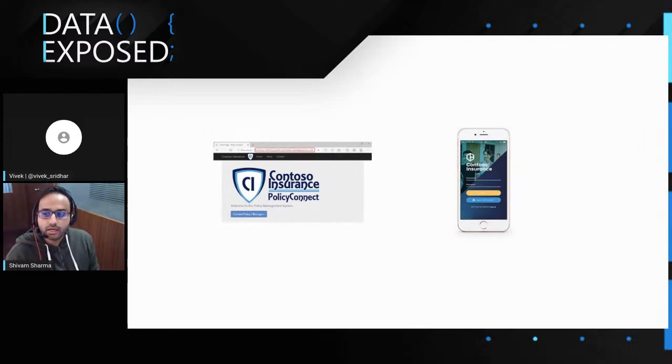They provide life insurance, travel insurance, home insurance, auto insurance, health insurance, and accident insurance. The way customers interact with this company is that a customer can go to their website and claim the insurance over there.